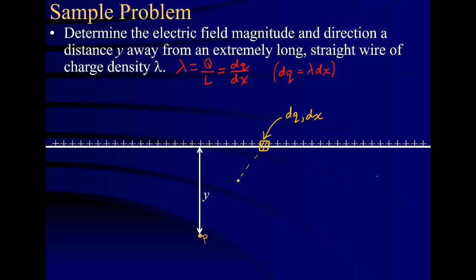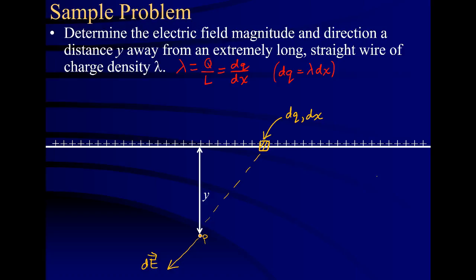Well, if you think about it, there's going to be an electric field at point P that goes approximately like this. And that is what we're going to call dE, the differential of the electric field.